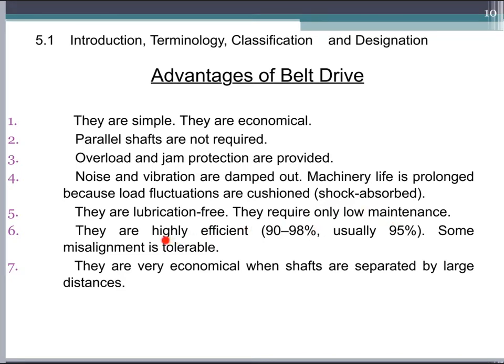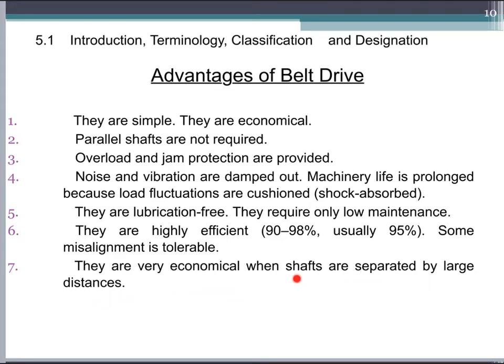And then belts are highly efficient, which is 90 to 98% of energy transfer, usually 95%. And then some misalignment is tolerable. And the last, they are very economical when shafts are separated by a large distance.